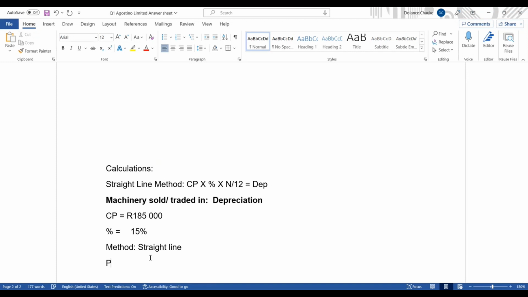And then we're going to determine the period. When you check, on the question paper they are saying that the machinery A that was traded in was originally purchased on the 1st of January 2009.